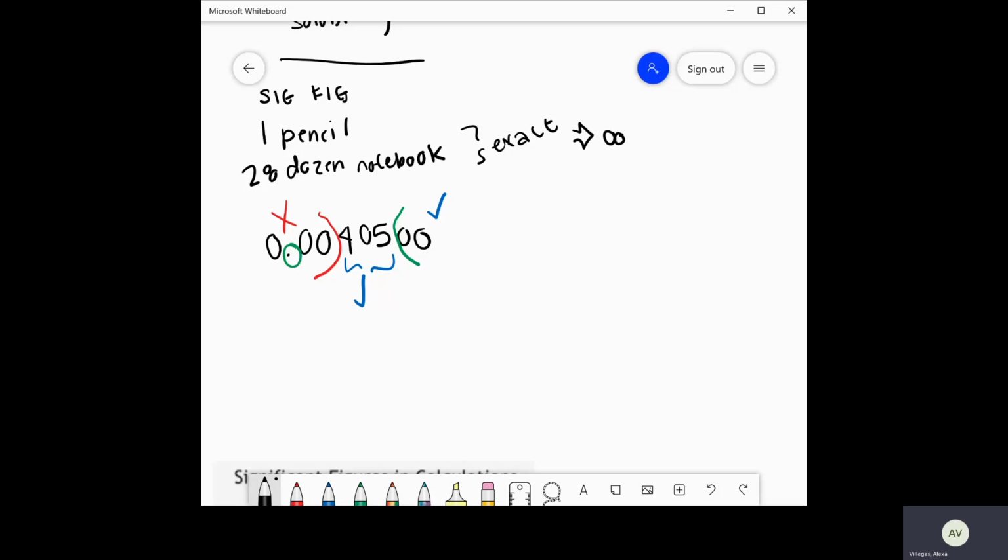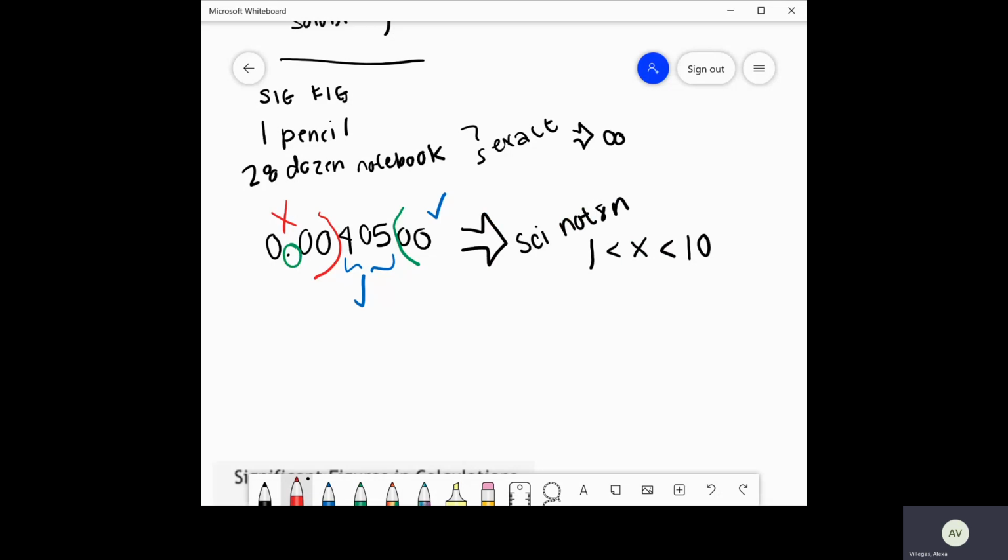After you identify your significant figures, usually you have to convert them into scientific notation. And scientific notation is putting your data into something that is greater than 1, but less than 10, and it's raised to a certain power of 10.